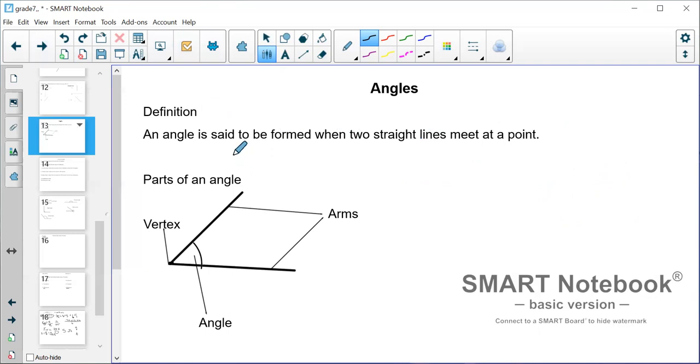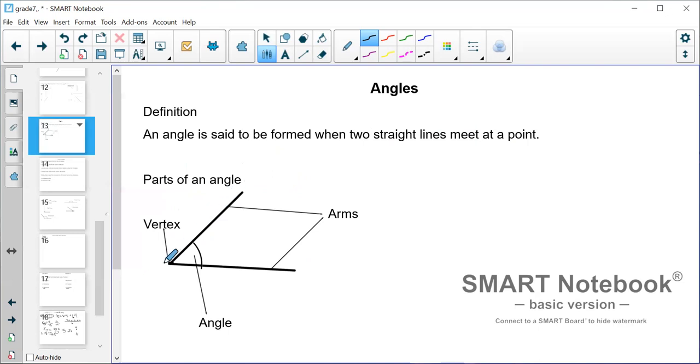All right, and we know that angles, they're measured in degrees. So that's the unit for angles. Good. Now moving on to the parts of an angle. Here we have an acute angle, and we have the various parts. Now the exact point where the two lines meet, that is called the vertex, right? That is known as the vertex.